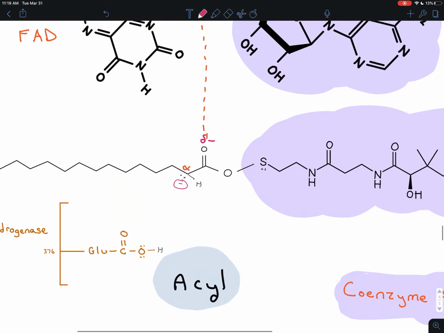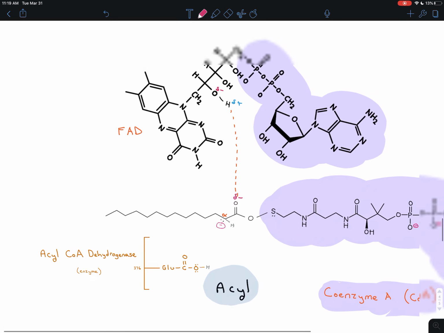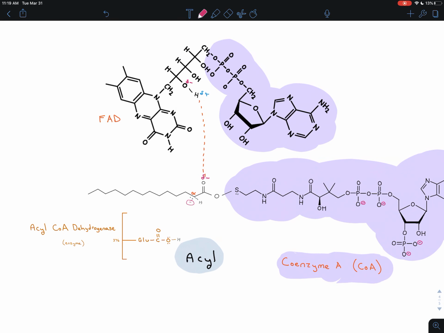Okay, now what we've turned our acyl-CoA molecule into is something called a thioester enolate ion. Remember that an ester is when you have a carbon double bonded to an oxygen, single bonded to an oxygen bonded to another carbon.